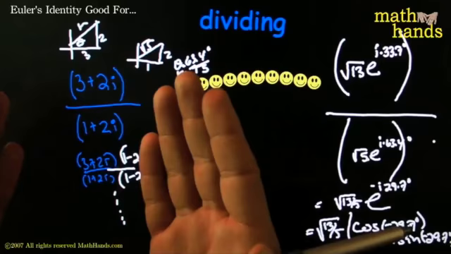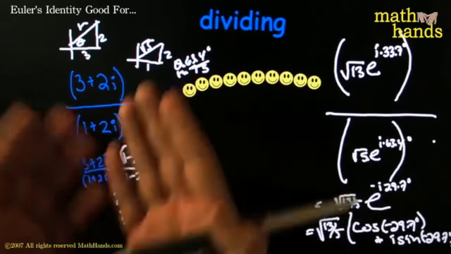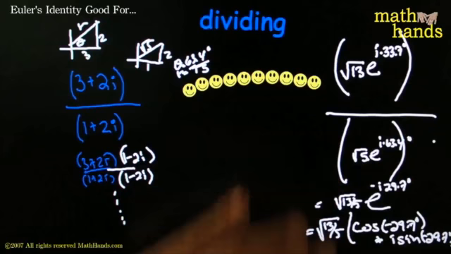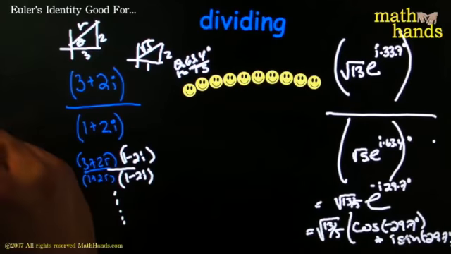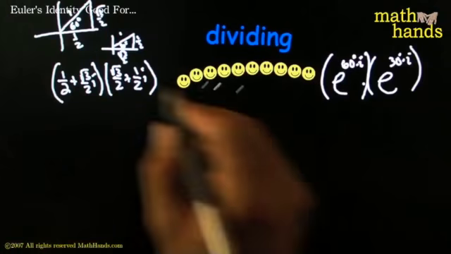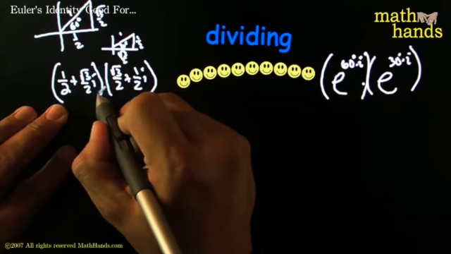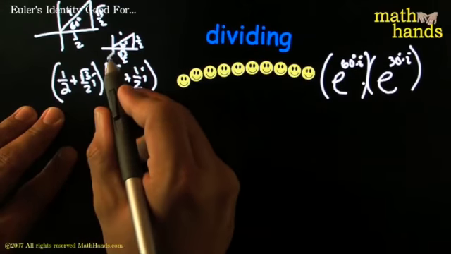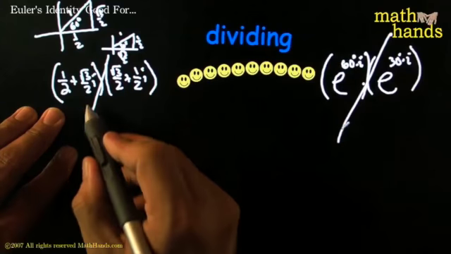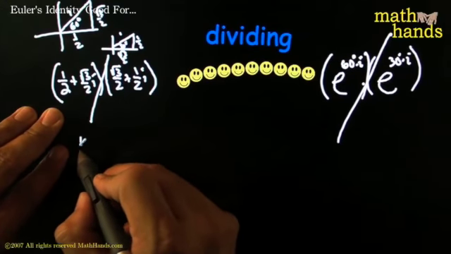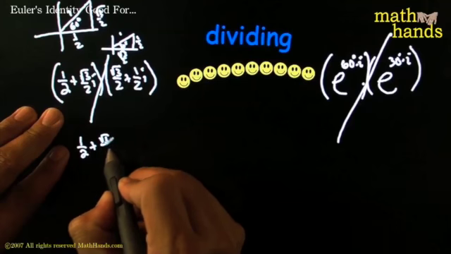So this would be square root of 13 over 5 times cosine of negative 29.7 degrees plus i times sine of negative 29.7 degrees. And you can calculate those if you want. This seems like a fun exercise. Calculate this whole thing and distribute that, and you should get exactly the same answer as doing it this way. I'll let you work on that.